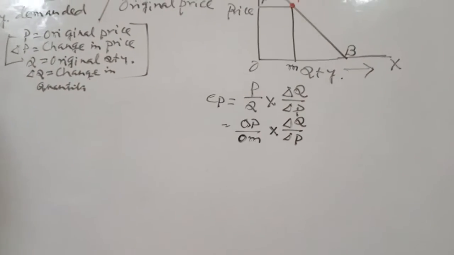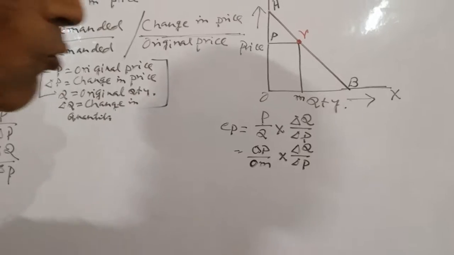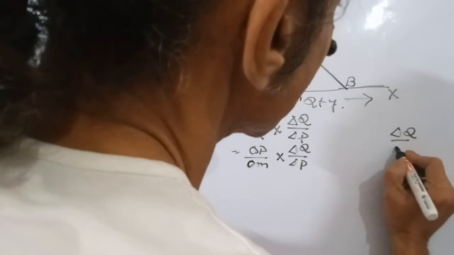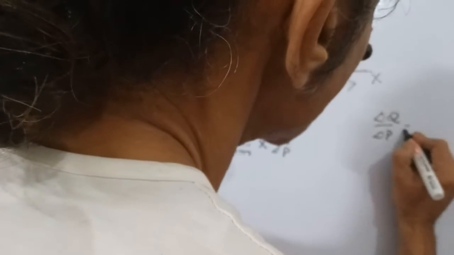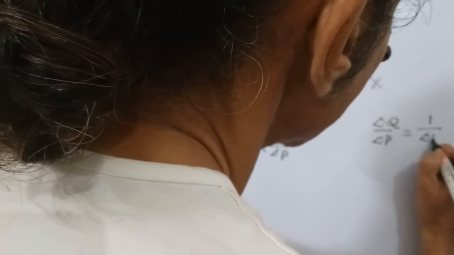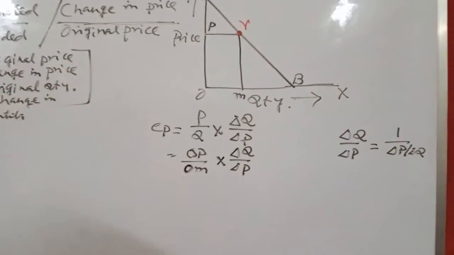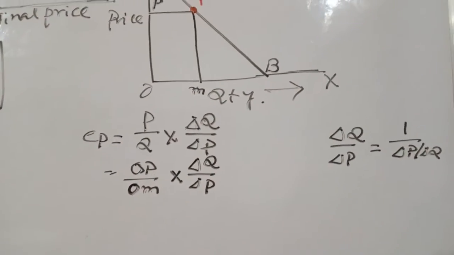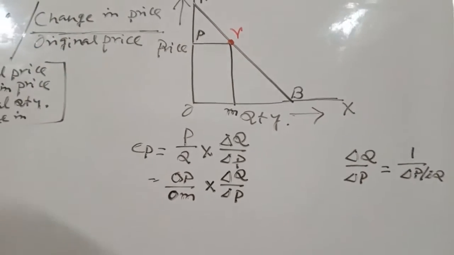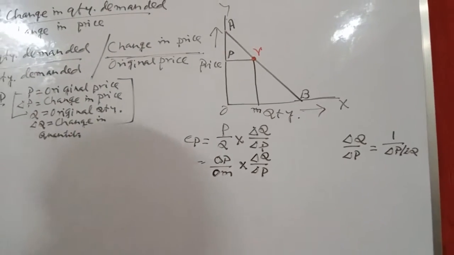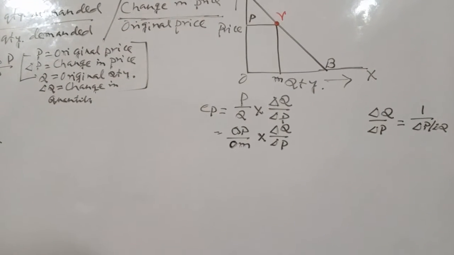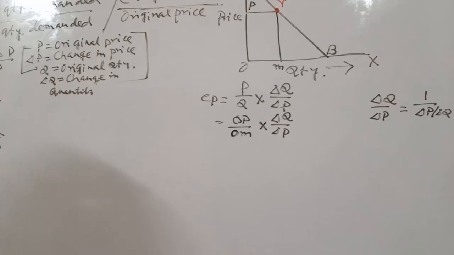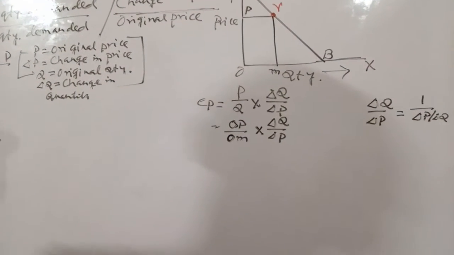Now notice very carefully. What is delta Q by delta P? Delta Q by delta P equals 1 by delta P by delta Q. Isn't it? Now what is delta P by delta Q?